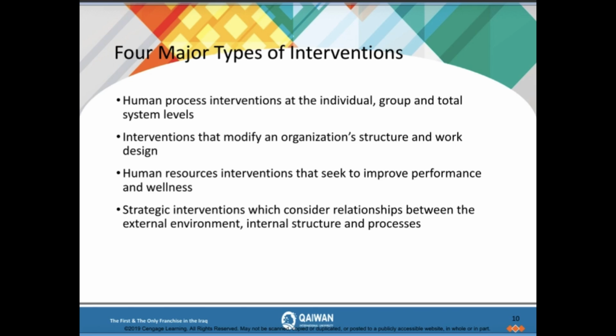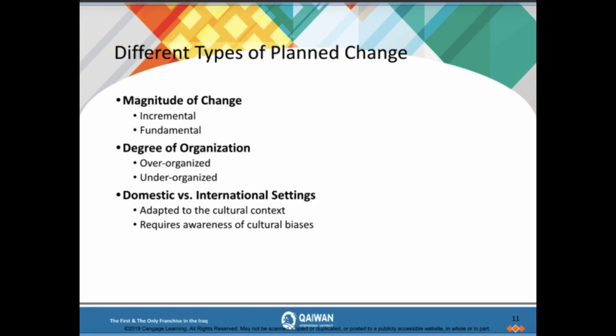They consider market conditions, competition, and internal structure and process. So all these interventions help organizations improve, but they target different areas: some target people, or structure, or performance, or strategy.